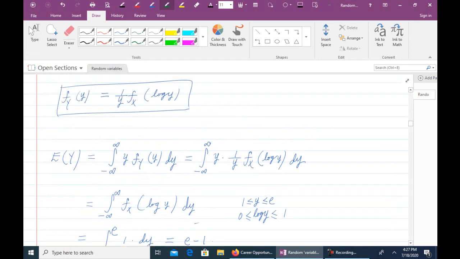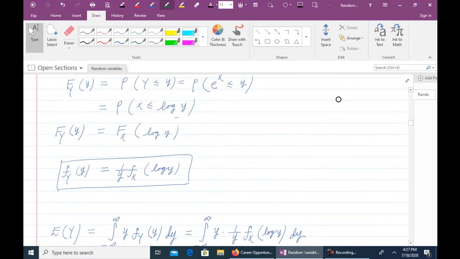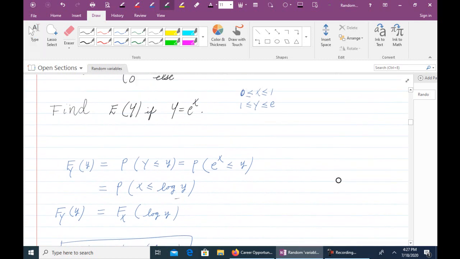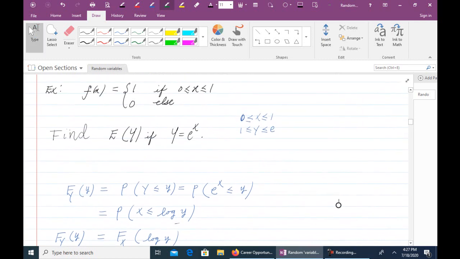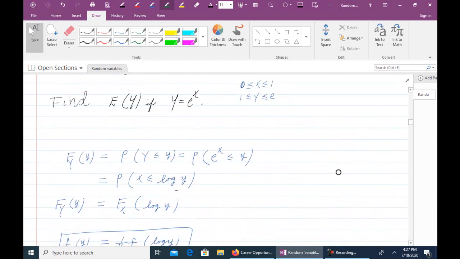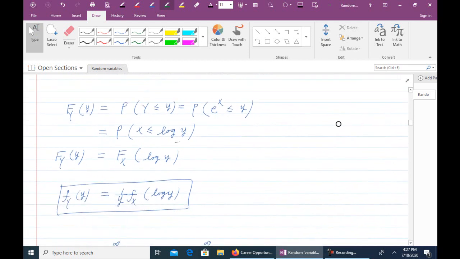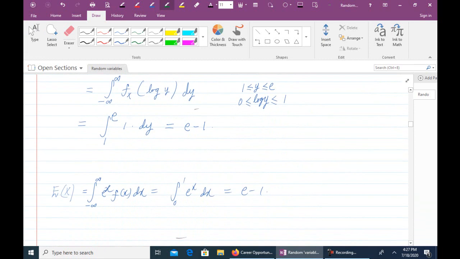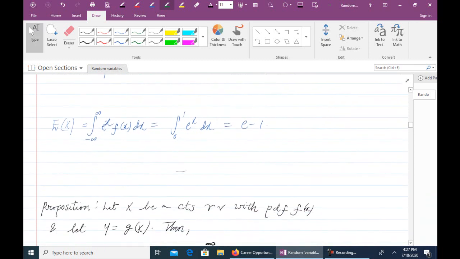So to find the expectation of y, we first found the PDF of y, and then we used the definition of the expectation. There's a little bit easier way of doing it, which is to find the expectation of e to the x directly.